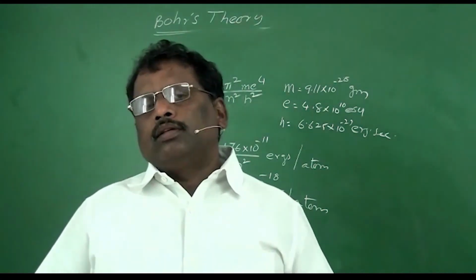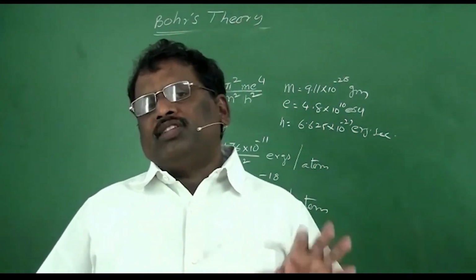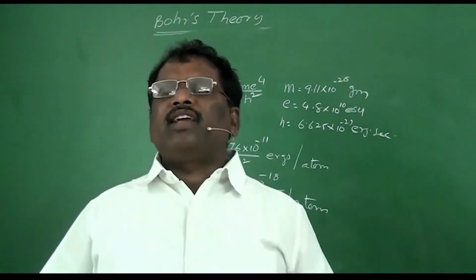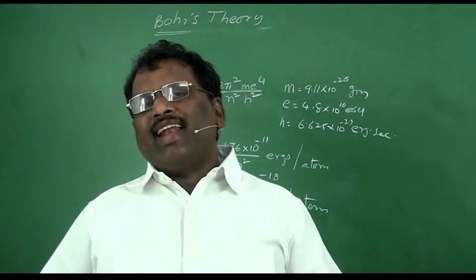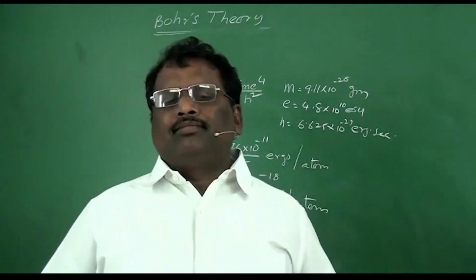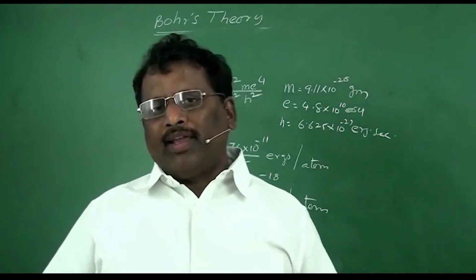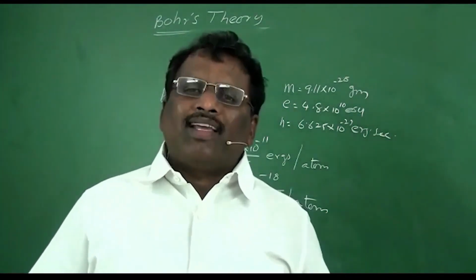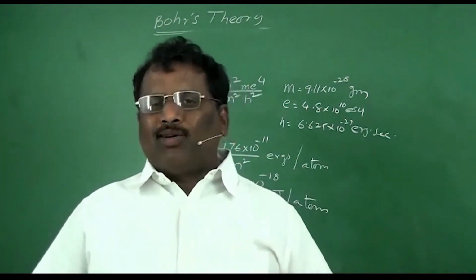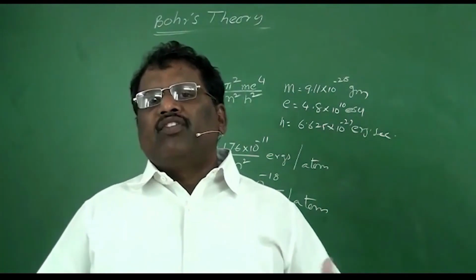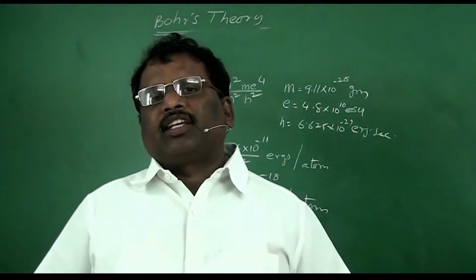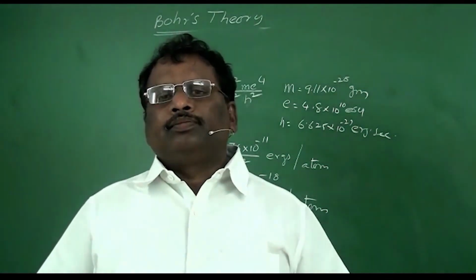The second failure is that Bohr's theory was restricted only to the hydrogen atom and hydrogen-like ions which have only one electron. But it was unable to explain multi-electron atoms. That means the structure of atoms which have more than one electron. Bohr's theory fails to explain the structure of such atoms.